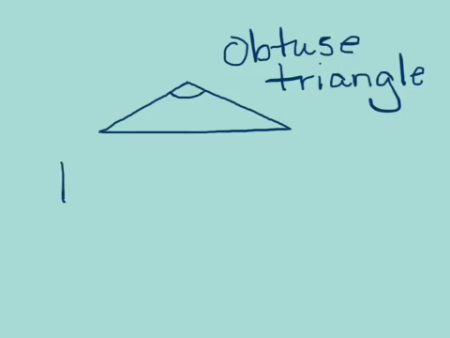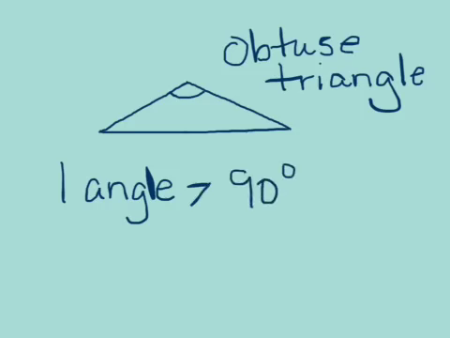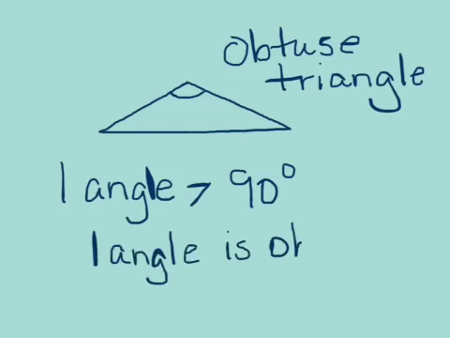Because one angle is greater than 90 degrees, or one angle in this triangle is obtuse. And that's the one I've shown you. These are acute, they're small, but it has one angle in here that's greater than 90 degrees.